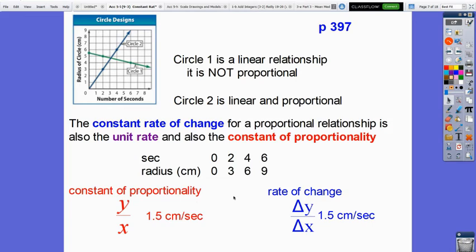So these things are all the same. In a proportional relationship, the division or the ratio of Y divided by X, output divided by input values, equals the ratio of the change in Y divided by the change in X. That's the rate of change. And that is also called the unit rate. Okay, so these are all just the same value in these relationships.